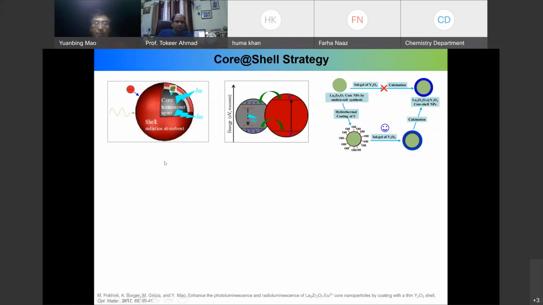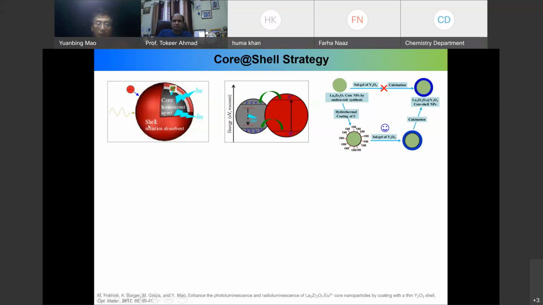But let me explain why we believe this core-shell strategy will improve the luminescence, especially when we're talking about the radioluminescence. So here, the design is like this. The core is actually the real doped luminescent nanoparticle, and then we coat it with a shell, and that shell is not doped.